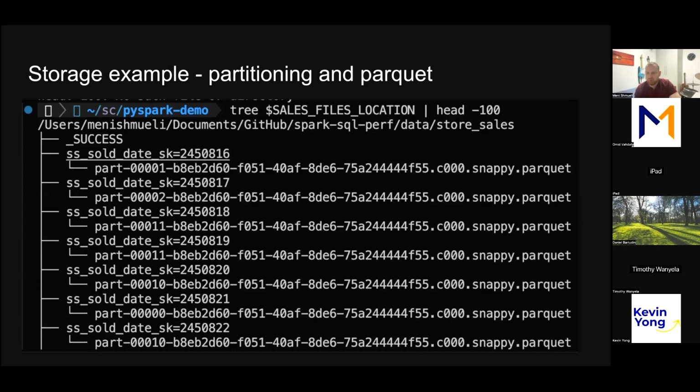We have a folder for each date we want to read, and here it's store sales information. So we have the date the item was sold, and under that we have the files, which again should be really big files. Otherwise, we'll have performance problems in the storage.